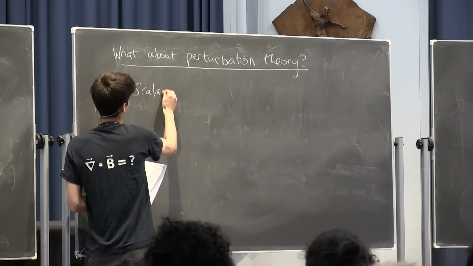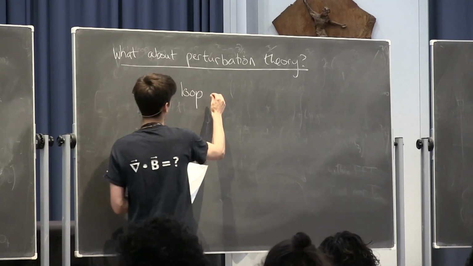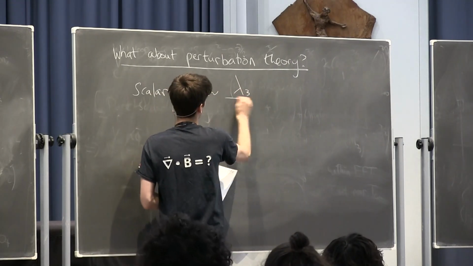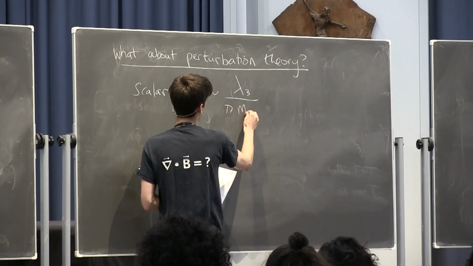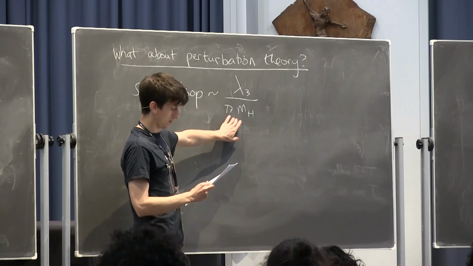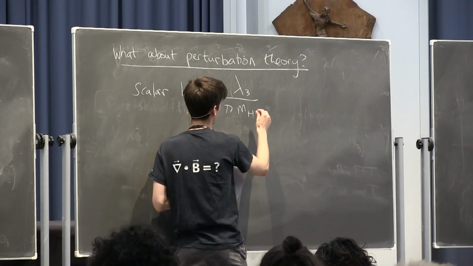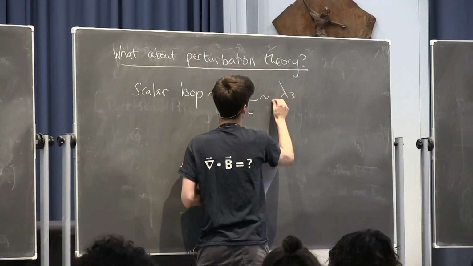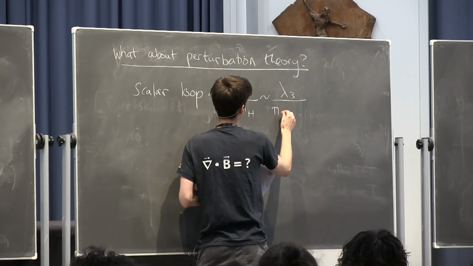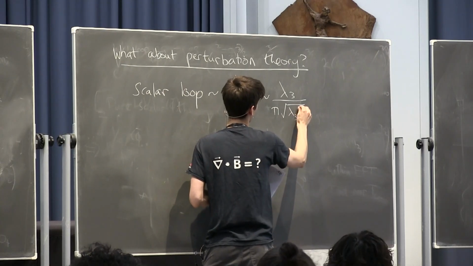We find that if we add further scalar loops, we get, as expected, lambda 3 on some pi times the Higgs mass. But the Higgs mass is, roughly speaking, square root of lambda 3 phi squared.